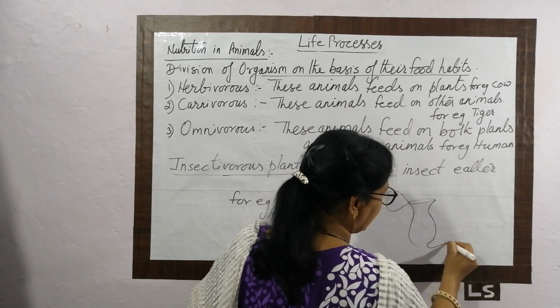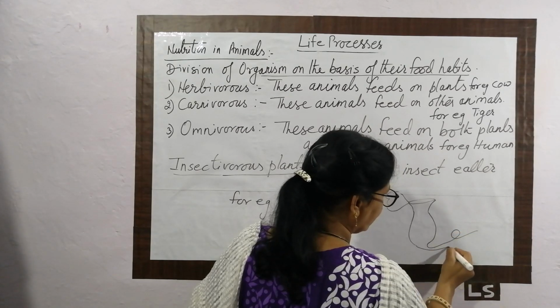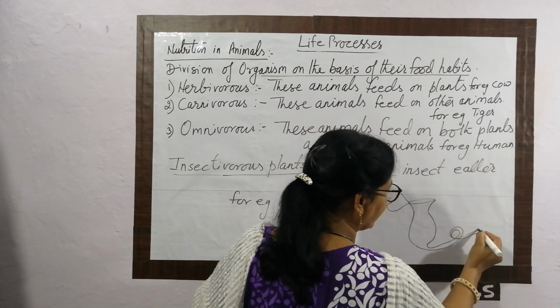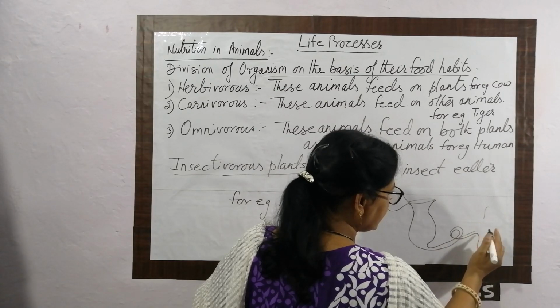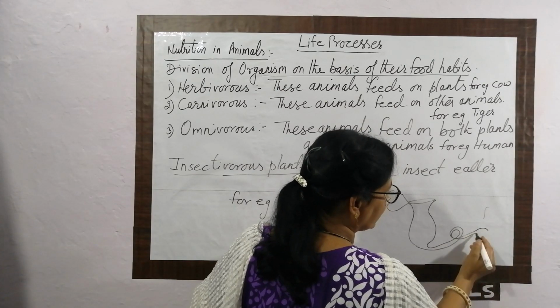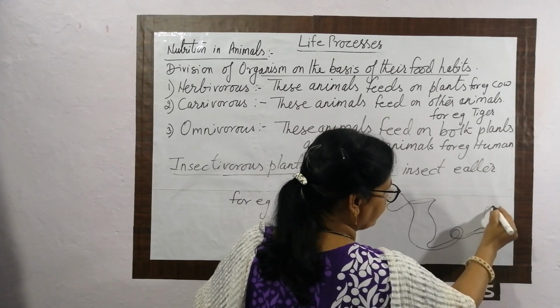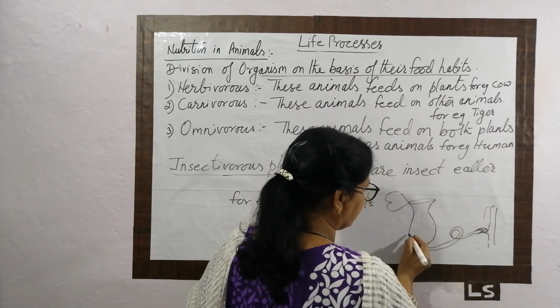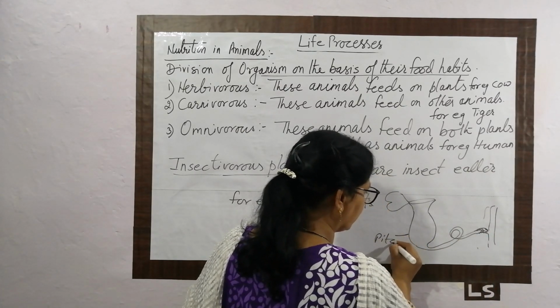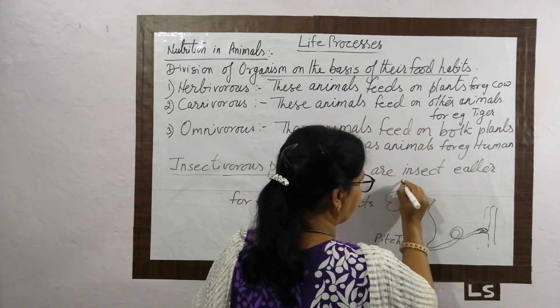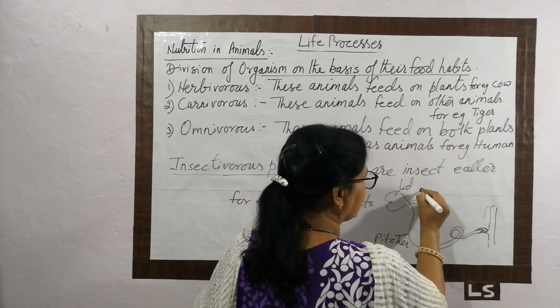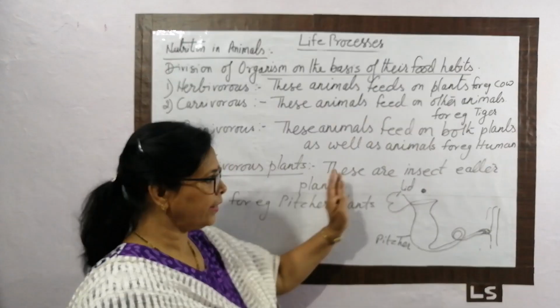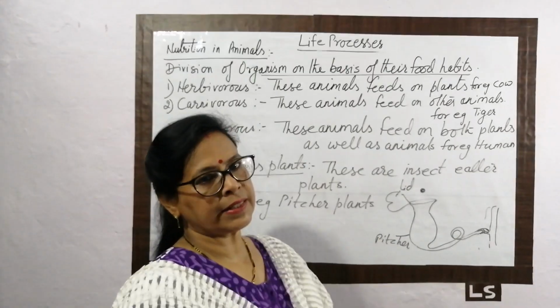This is a pitcher-like projection. We know that this is a modification of the leaf. The leaf of this plant is modified into a pitcher. This is called the pitcher, and this is the lid. When any insect comes in the range of this creature, the lid is covered up and digests the insect.